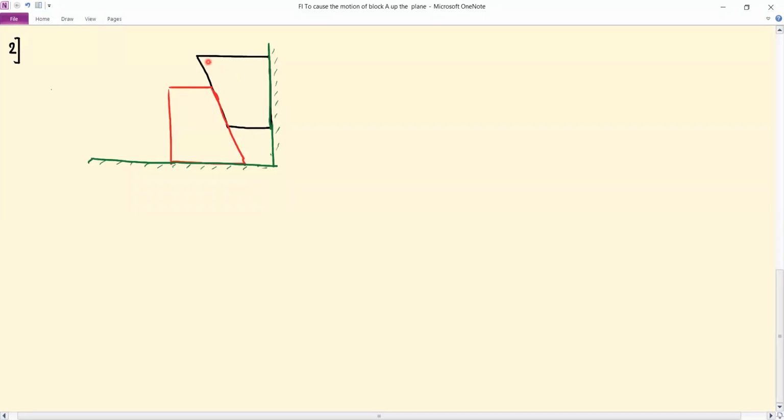So this block A has the weight 500 Newton. The block B has the weight 1000 Newton. This angle, that is a tapered angle, is 60 degree.